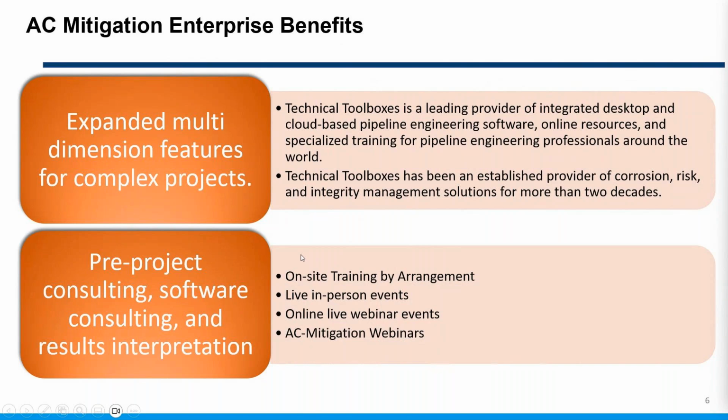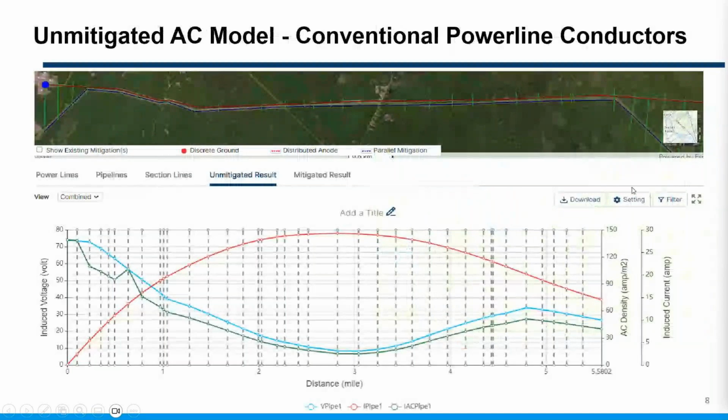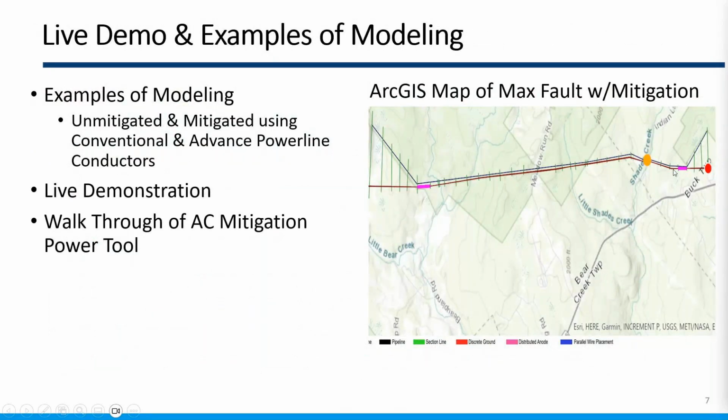I'm gonna jump ahead and show you one of the examples that I'm going to show you in a little bit. This pink and different colors here, the live demo, is where the mitigation or the faults are, and the type of mitigation. This legend will tell you if it's red, it's a discrete anode.